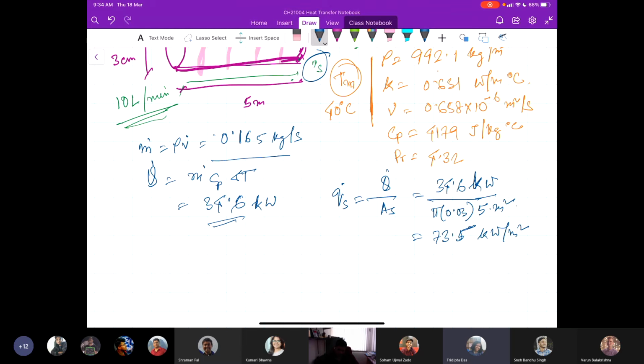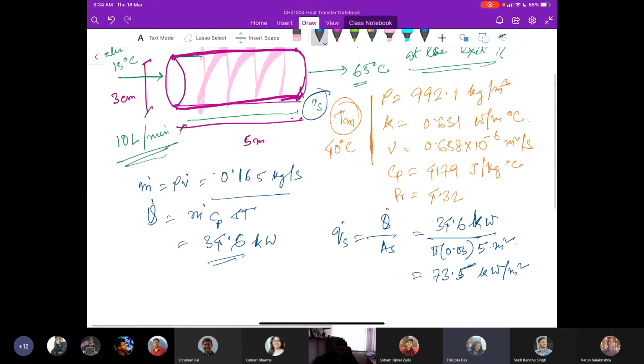No, that is the fluid calculation that we have done, m Cp delta T, because the fluid is gaining energy, and how much energy it should gain, that is the heating power.